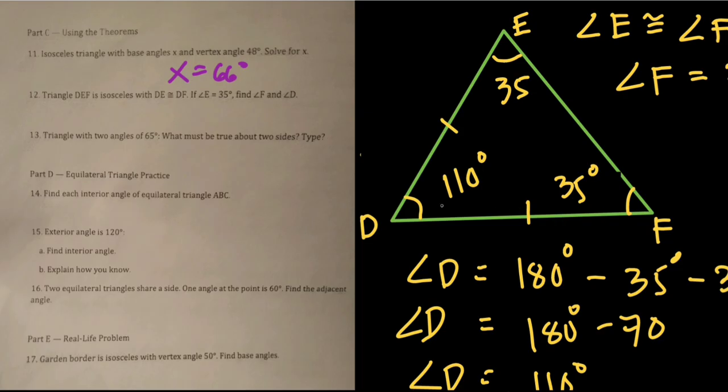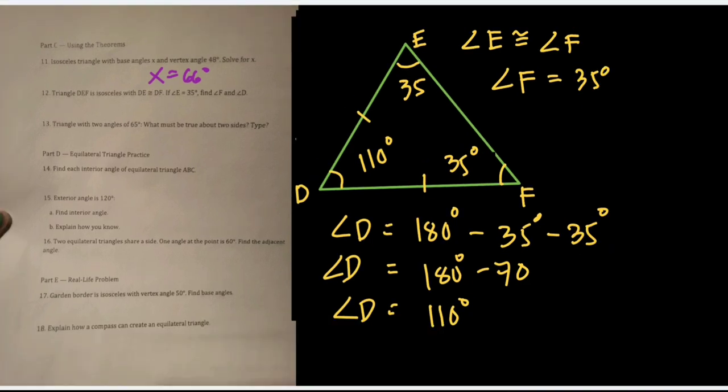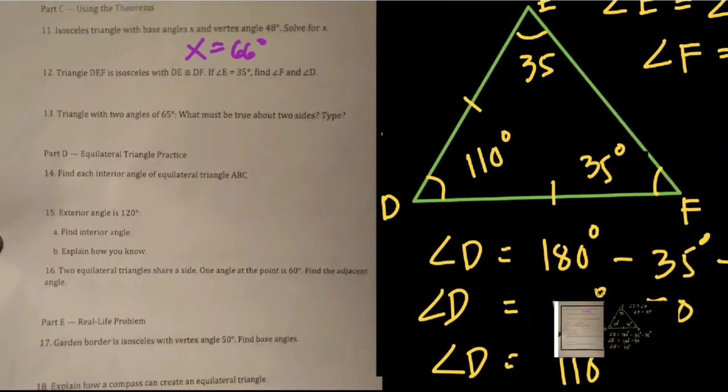Find angle F and angle D. So angle F and angle E, they are equal, so angle F is also equal to 35 degrees. And to solve for angle D, you just subtract the sum of angle E and angle F from 180 degrees. Alright? Okay, let's move on to number 13.